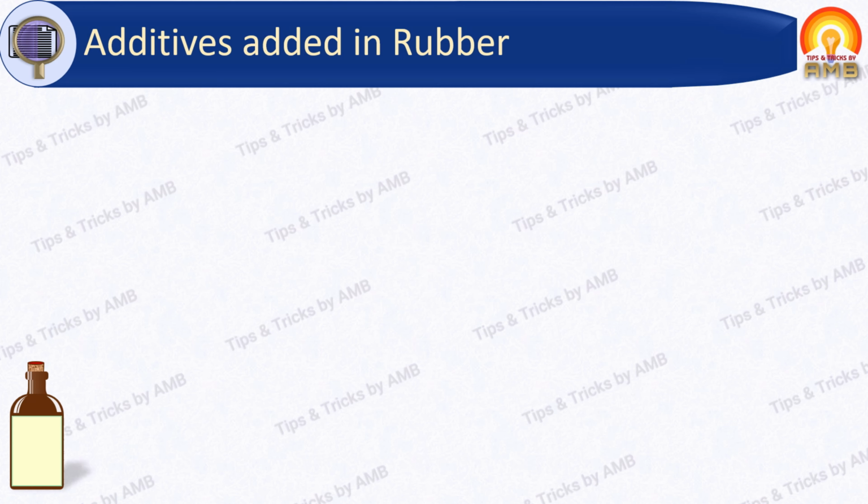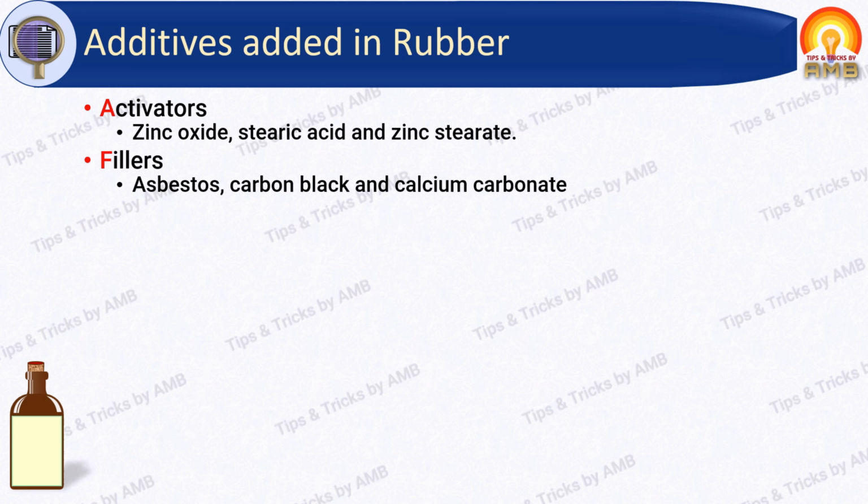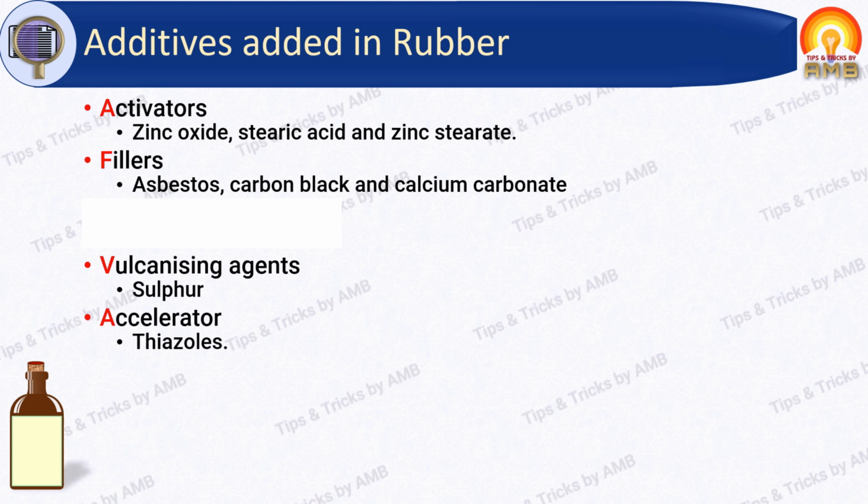First, activators like zinc oxide, stearic acid, and zinc stearate can be added to rubber. Next, fillers like asbestos, carbon black, and calcium carbonate can be added in rubber. Another is vulcanizing agents such as sulfur. Accelerators such as thiazoles can be added to rubber.